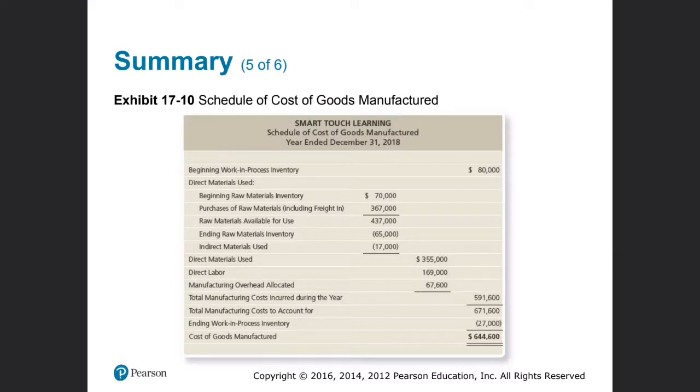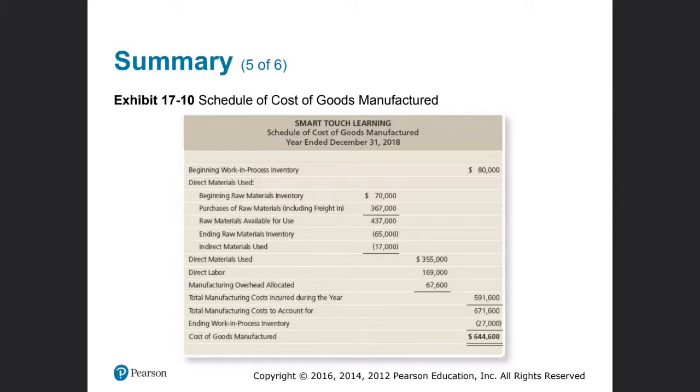Here we're looking at our schedule of cost of goods manufactured. This is showing beginning work in process inventory. We are determining what our direct materials used was. So this walks you through how to calculate that, similar to what we did in the last chapter with our cost of goods sold.